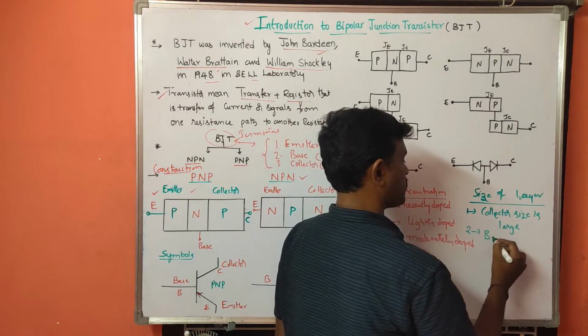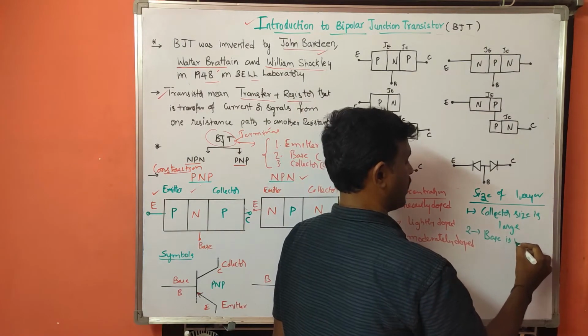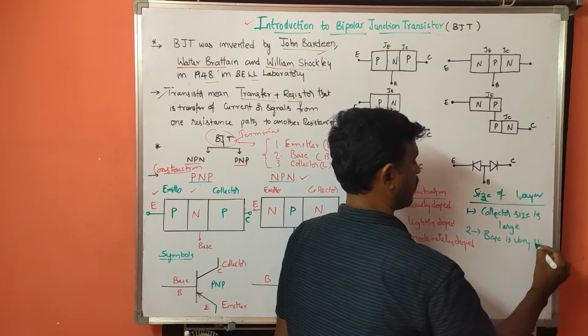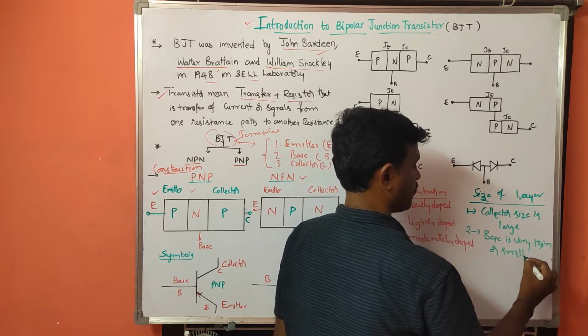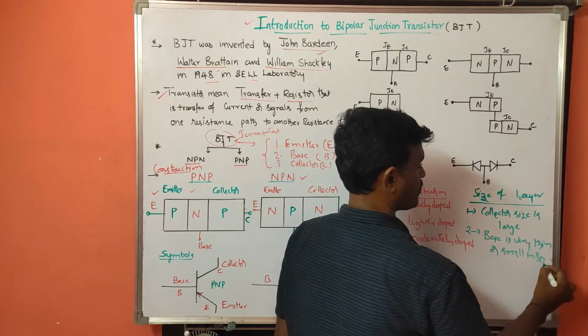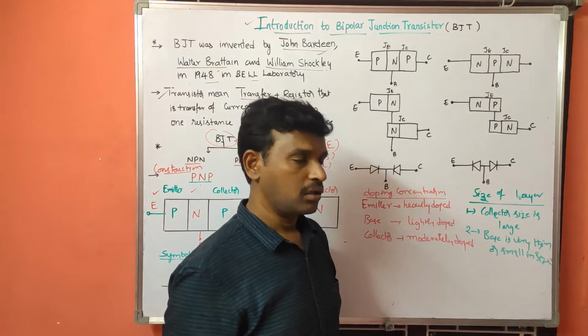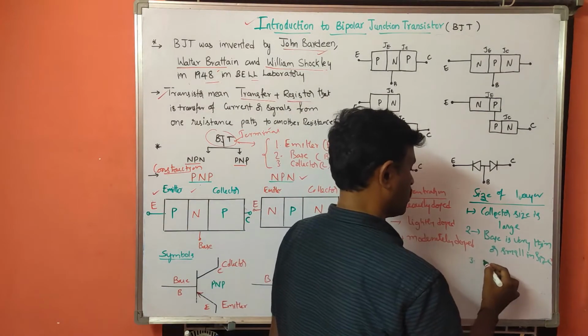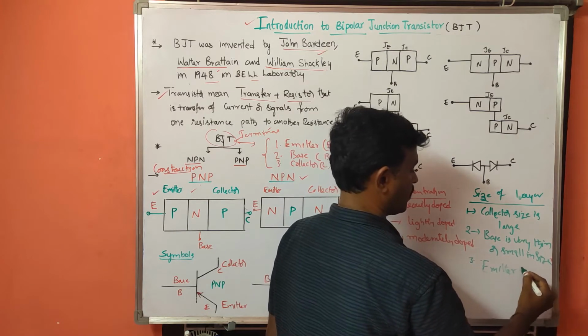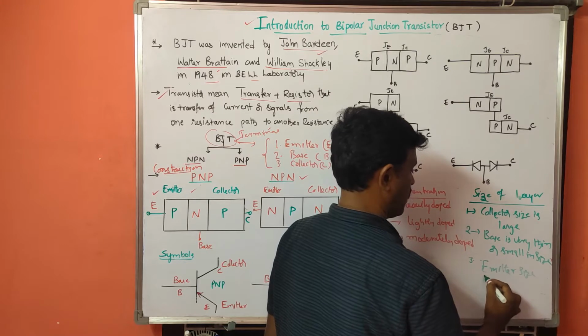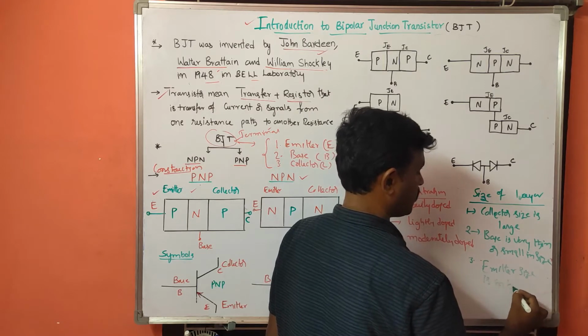The base width is very thin, small in size. And the emitter size is in between.